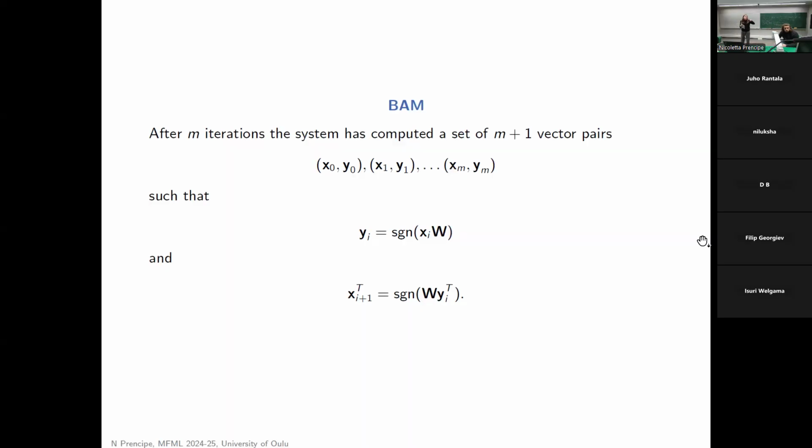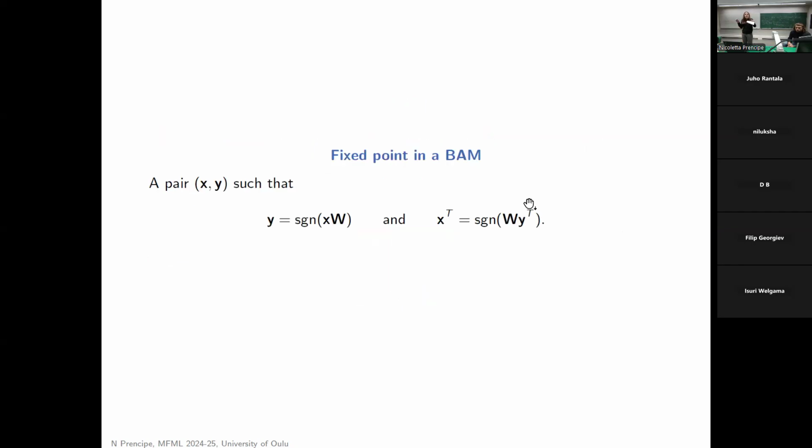And so the question is, wherever I start, do I at some point end up jumping between the same two states? Does this iteration lead to a fixed point? By a fixed point, I mean a couple. The question we're going to treat next time: is there a couple x, y such that this type of network just jumps between the two? So is there convergence to a stable state or not?